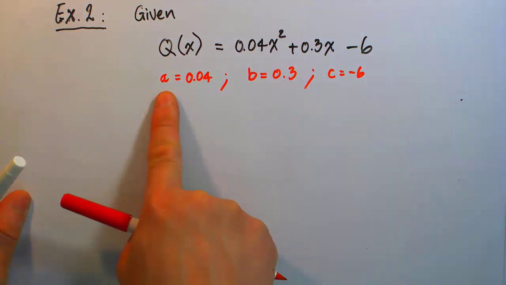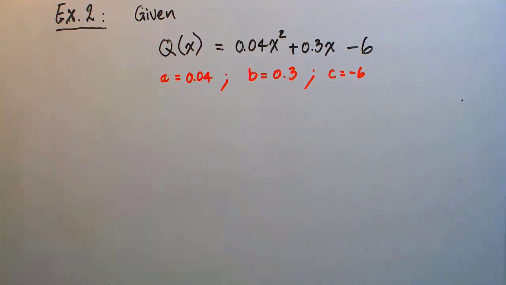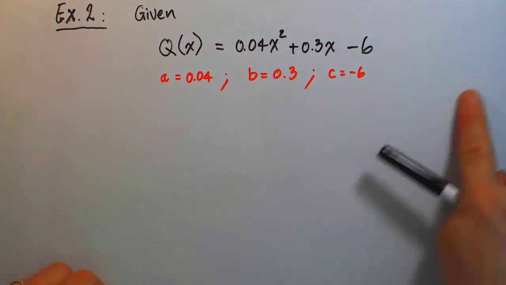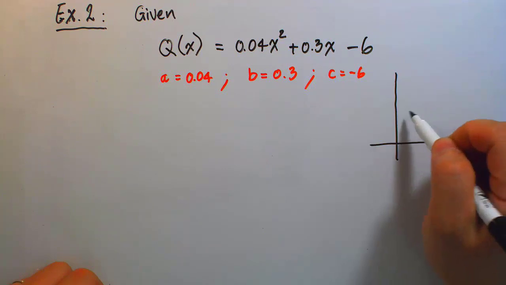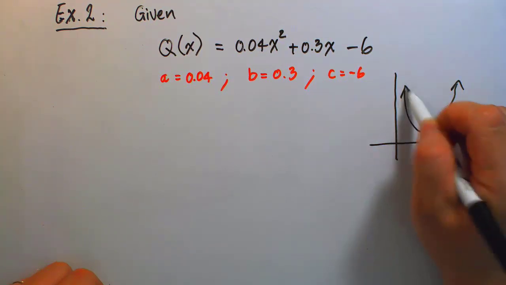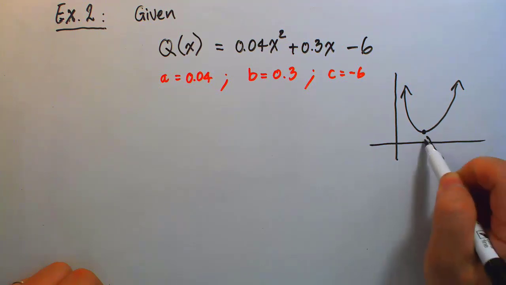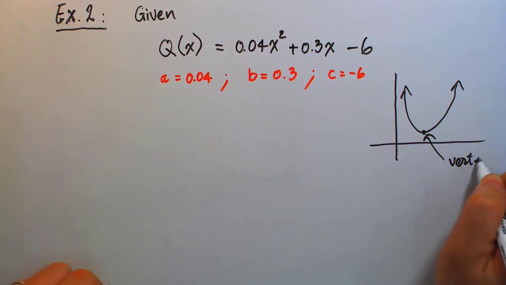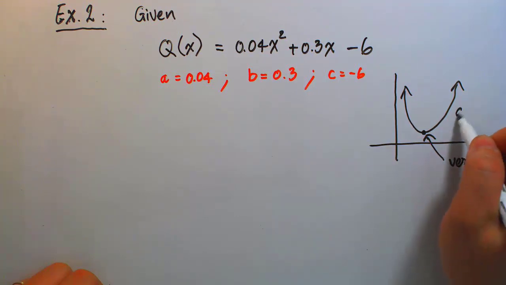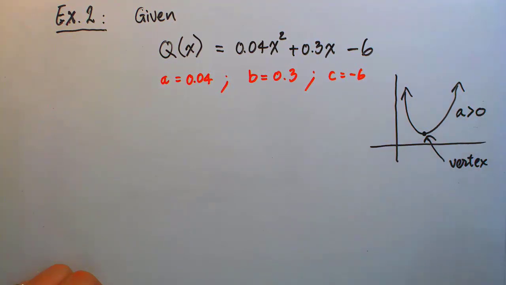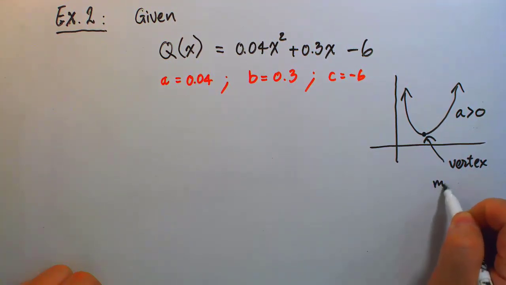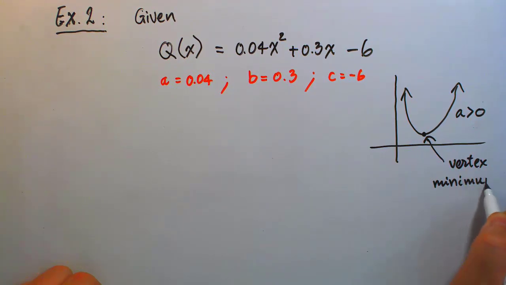But immediately looking at the quadratic coefficient, which is a positive value, even before looking at the question, we can already have an expectation that the parabola for this function must be pointing up, a cup like this, where the vertex of the parabola appears to be here. Since a is positive, your parabola is pointing up, and so the vertex would become the minimum. It's just the way it is for the graph and for your quadratic function.